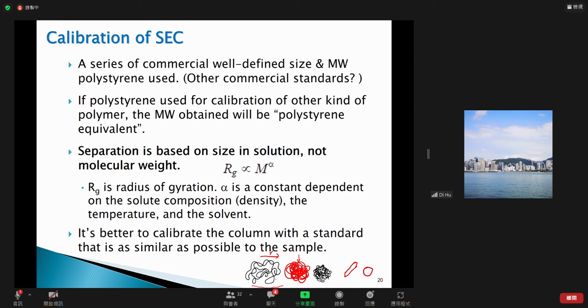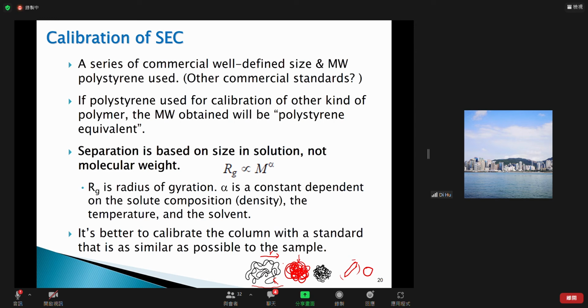So if you're using the one on the left as a reference, as a standard to calibrate the one on the right, you get a huge bias, because different compounds have different conformations, and the relation between molecular size and molecular weight really depends on the conformation. They may be very rigid, tensely coiled, or randomly relaxed coils.